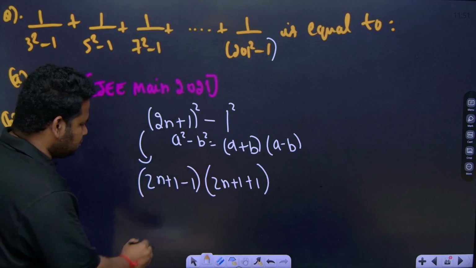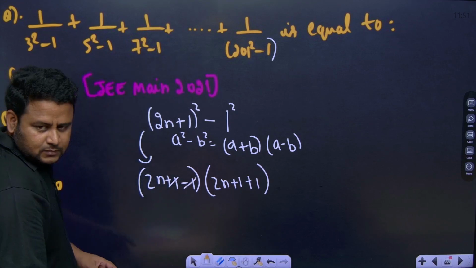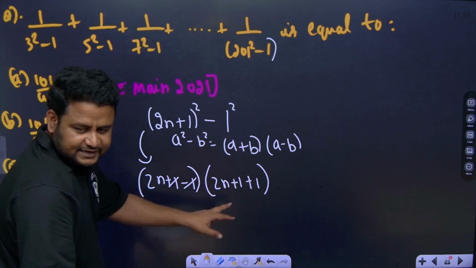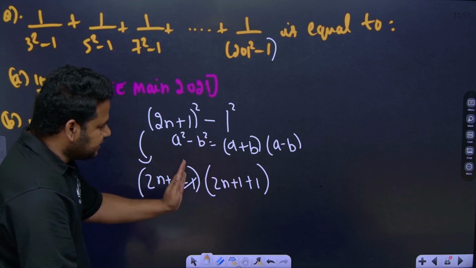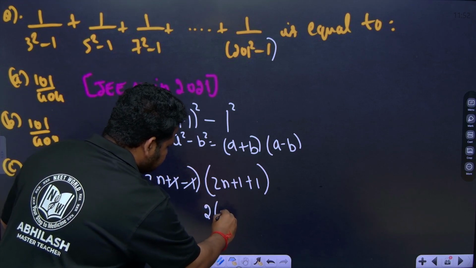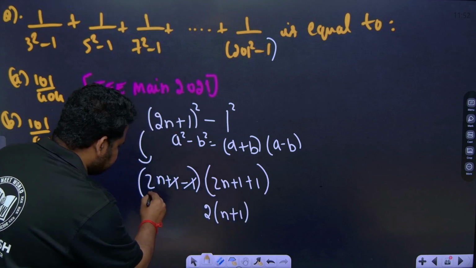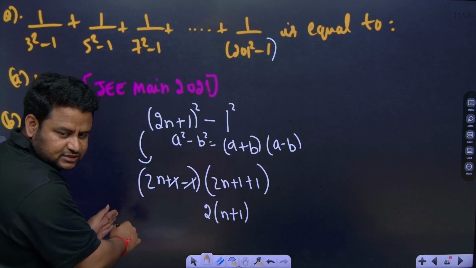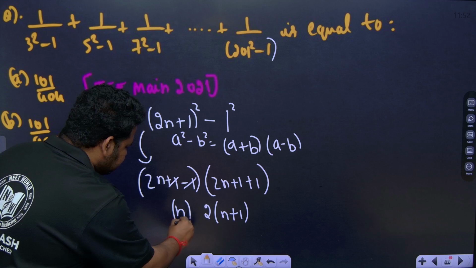So I can cancel, and 2n plus 2 I will get here, so 2 I can take outside, 2 into n plus 1. Now I am left with what here? 2n. Here I can take 2 outside and write only n.